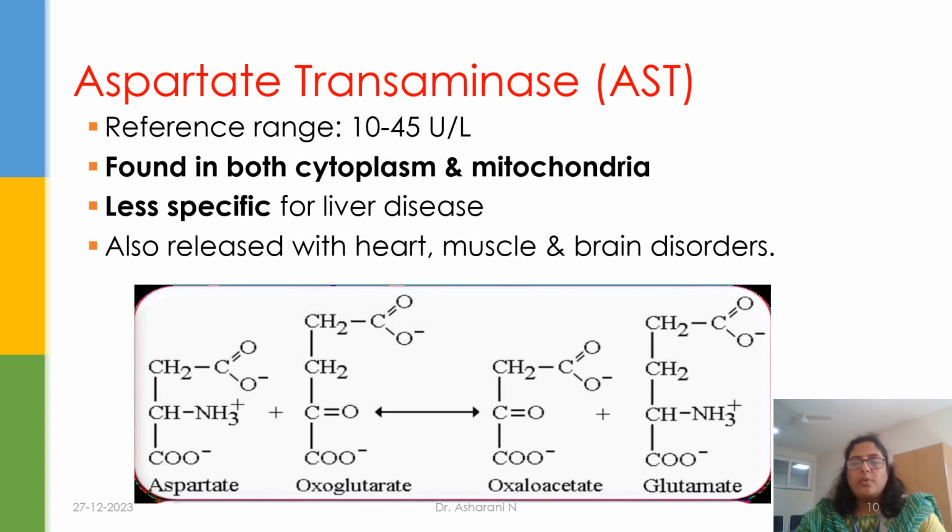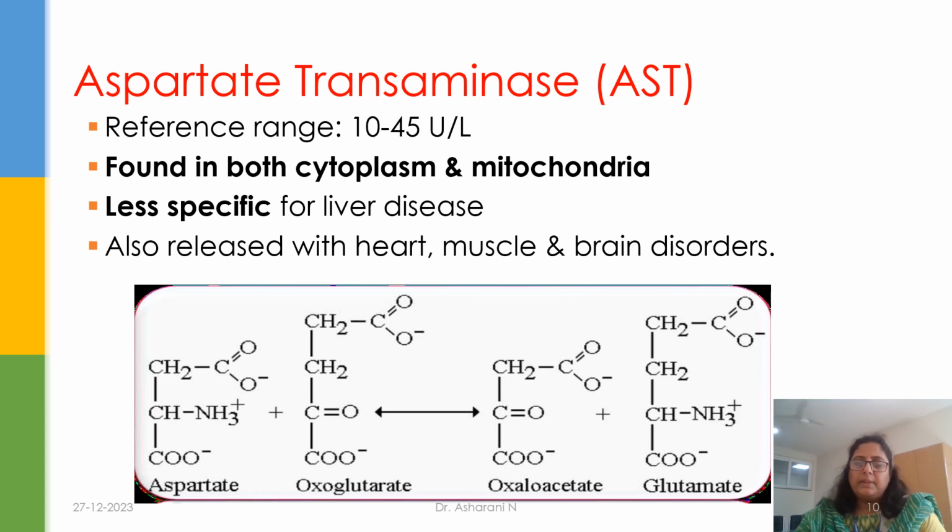Coming to one more important transaminase, that is aspartate transaminase. It's found in both cytosol and mitochondria. It is less specific for liver when compared to ALT. It is also elevated in heart, muscle and brain disorders. The serum level ranges from 10 to 45 units per liter.